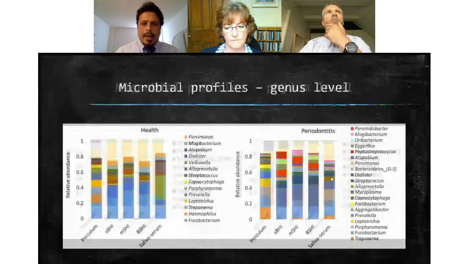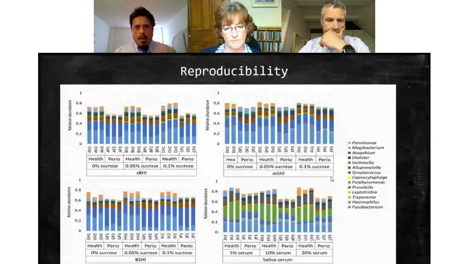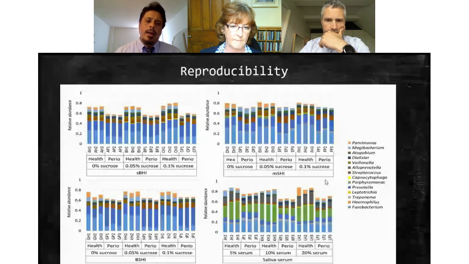And this shows the top genera that were captured in the in vitro microbiomes and the corresponding clinical inocula. This figure shows the reproducibility in the replicates of our microbiomes. You can see here that all the profiles were almost identical within each medium type.